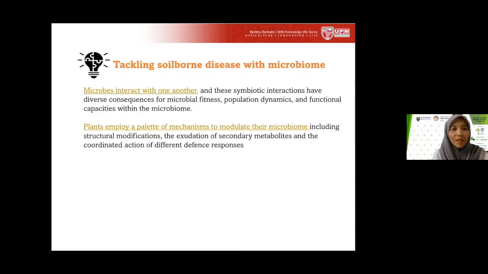So the idea of tackling soil-borne disease with the microbiome is based on the facts that, number one, microbes interact with one another, and number two, plants employ a palette of mechanisms to modulate their microbiome.